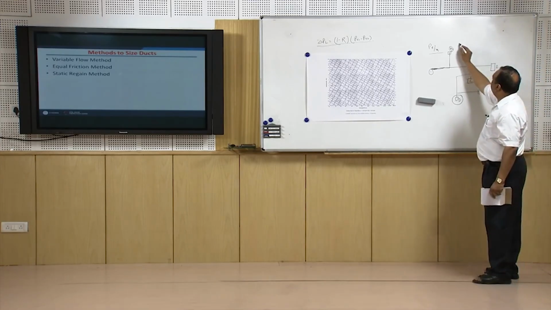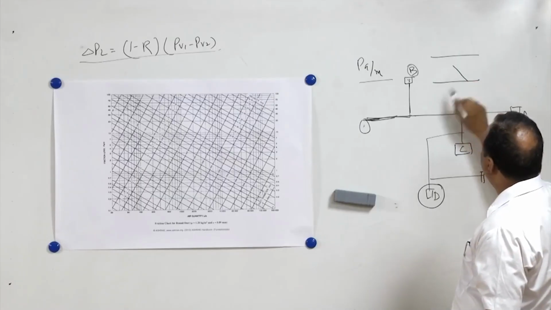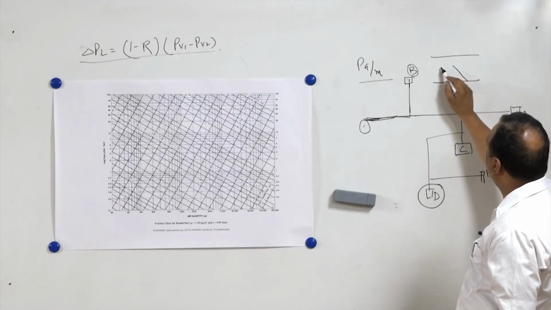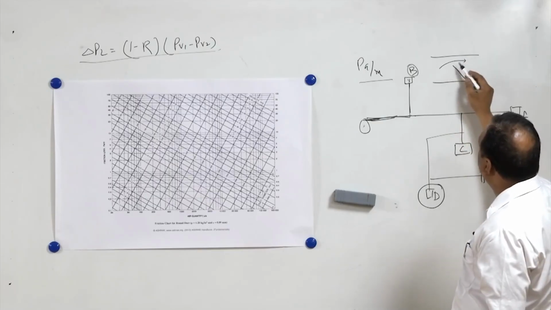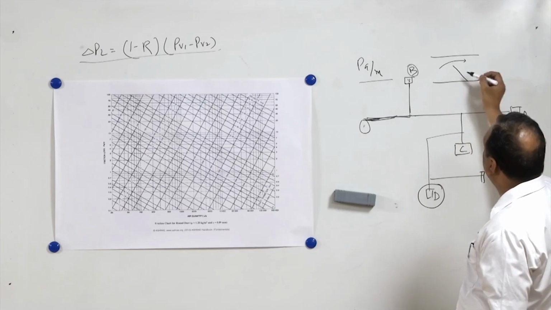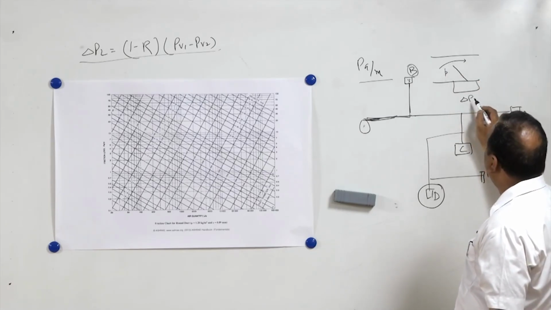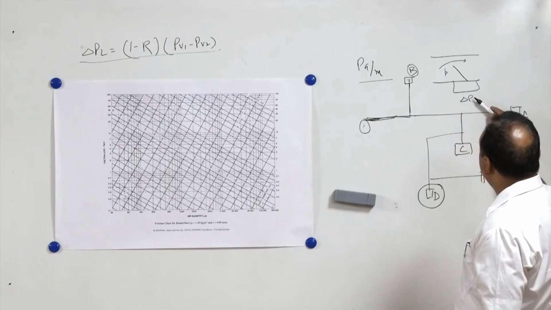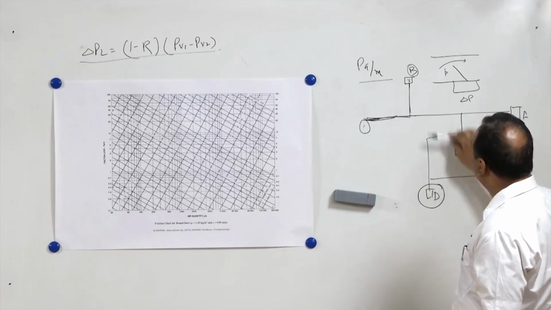Now dampers in a duct are nothing but like a window. If a damper is 100% open, then it is all right, but if it is partially open, then there is a pressure drop across the damper, and this additional pressure drop compensates the pressure difference between this point and this point.